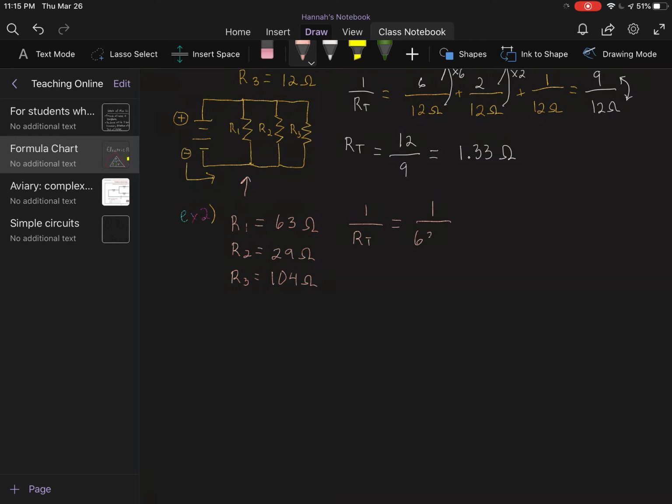1 over RT is equal to 1 over 63 ohms plus 1 over 29 ohms plus 1 over 104 ohms. And I would rather die than spend my entire day trying to figure out a common denominator for this.